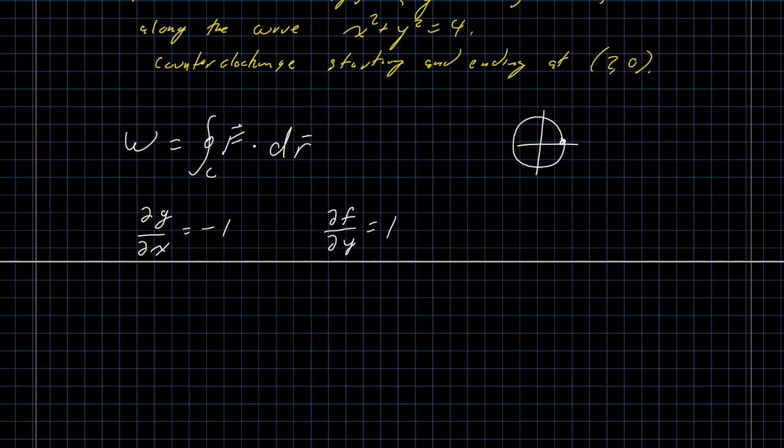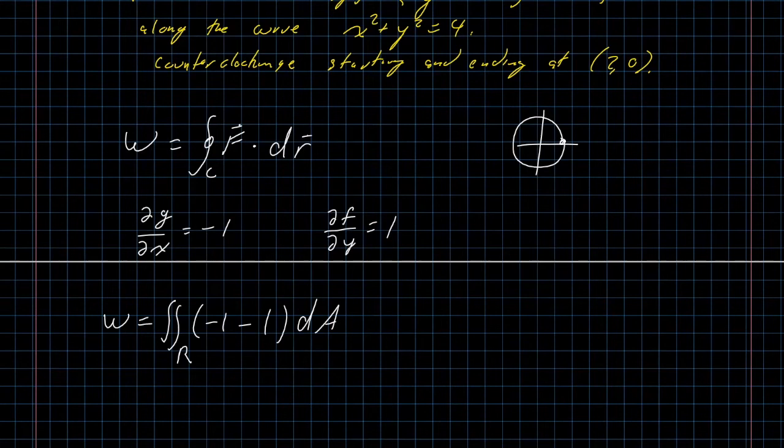All right, so now we have that using Green's theorem, we can rewrite work as the area integral of partial g with respect to x minus partial f with respect to y dA.